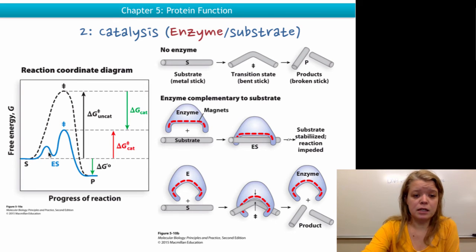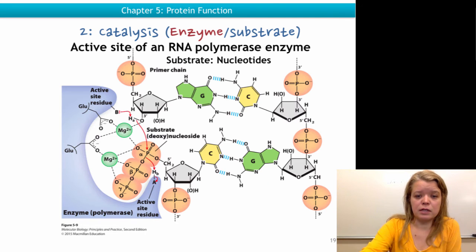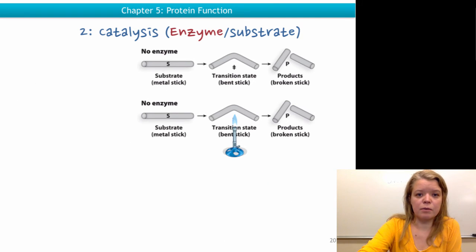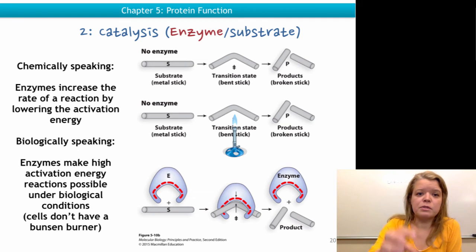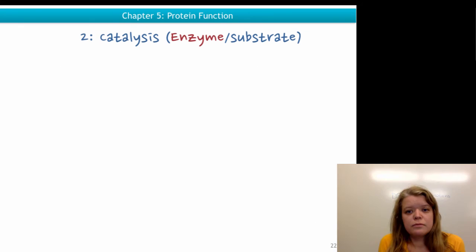However, because the transition state, ES in this case, has been fit into the enzyme, much less energy is required for the product to be produced. So, as said in the previous diagram, enzymes increase the rate of reaction by lowering the activation energy.